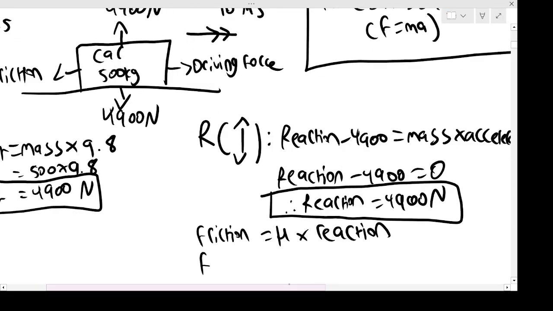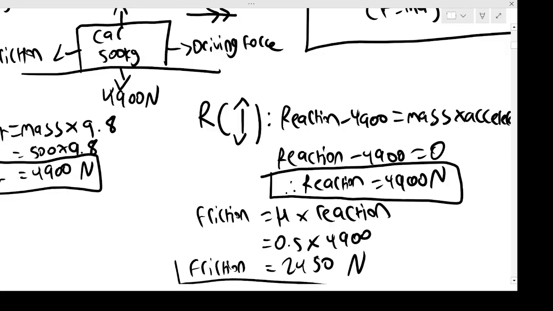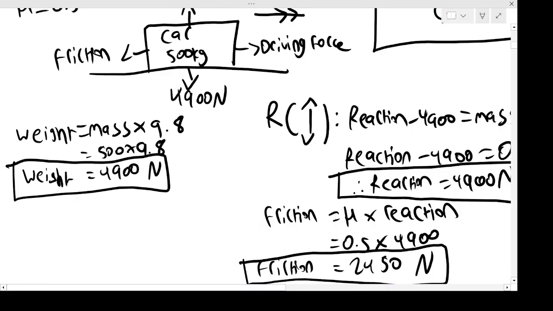So my friction is going to be 0.5 times 4,900. And so that will get me 2,450 newtons, and that is my friction. Okay. I can add that on then, my friction of 2,450.